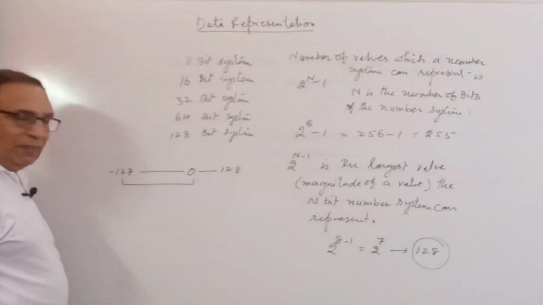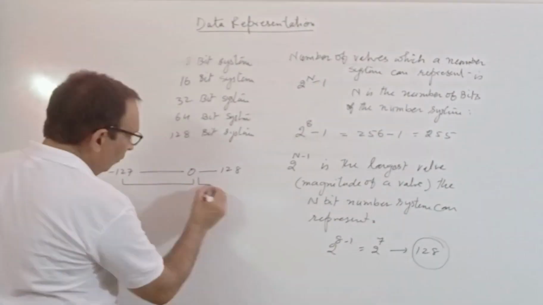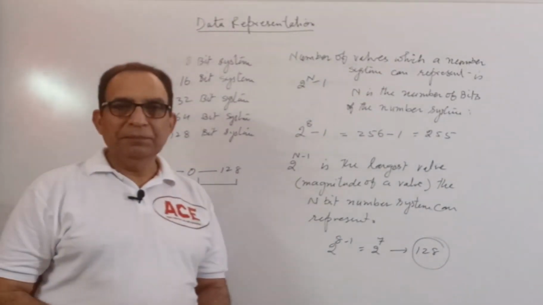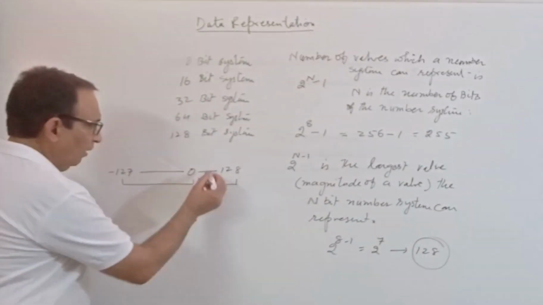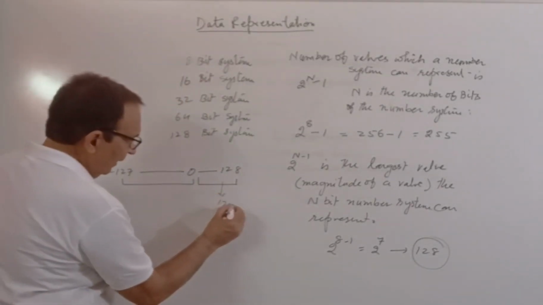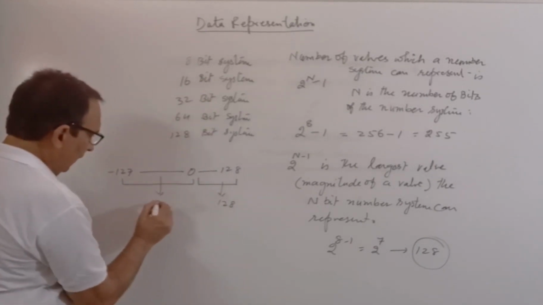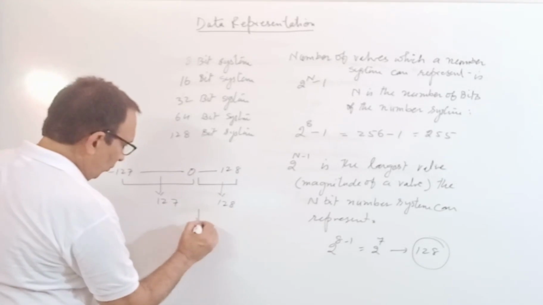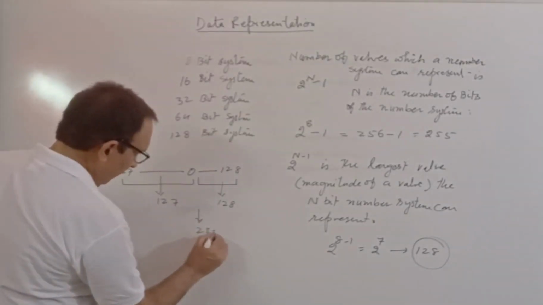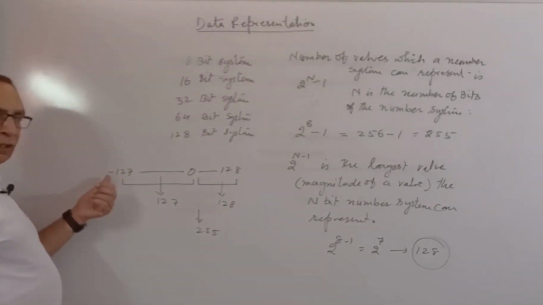These are the values, 128, and from 1 onward they are 127. So let us see how the values are represented here. The values here are 128 and the values represented here are 127. You total these numbers, it comes to be 255. Why is it 127?